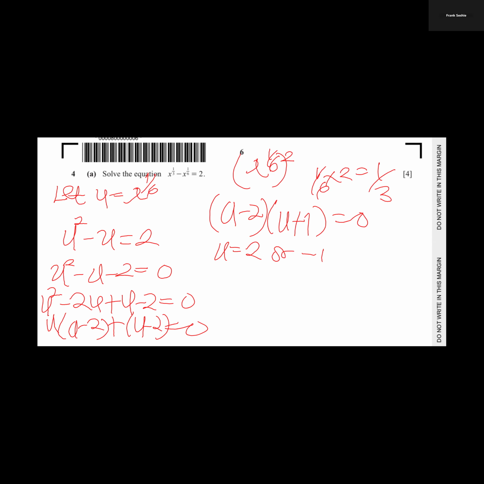So if u is 2, then I'm going to say 2 is x exponent 1/6. So exponent 6 of both sides would make x to be equal to 2 exponent 6. That's 4 times 4 times 4. 16 times 4 is 64.